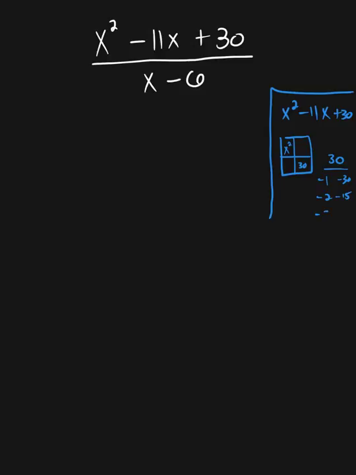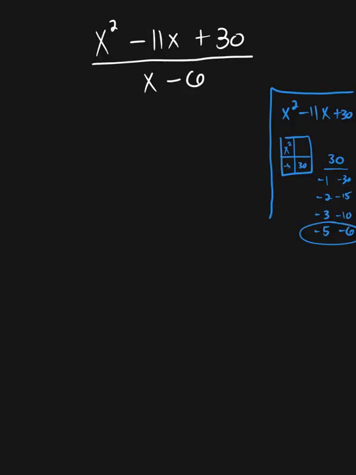Negative 3 and negative 10. No, that doesn't quite get us to negative 11. That's negative 13, but we're close. Negative 4. 4 doesn't go into this very nicely, but 5 does. Negative 5 and negative 6. Oh, hey, look at that. Negative 5 and negative 6, they multiply to positive 30, and they also add up to negative 11.